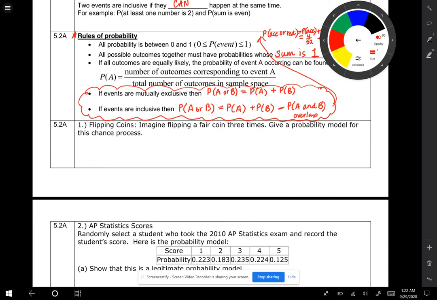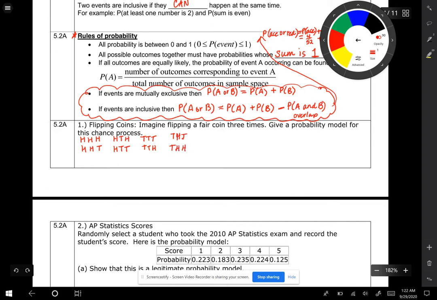You can do a tree diagram, which we're going to do later on in this chapter, or we can just list the possibilities. You can have heads, heads, heads; heads, heads, tails; heads, tails, heads; heads, tails, tails; all tails; tails, tails, heads; tails, heads, tails; tails, heads, heads.